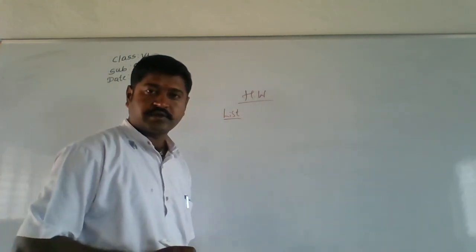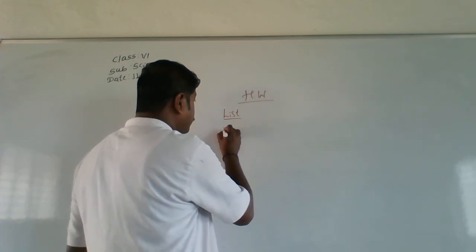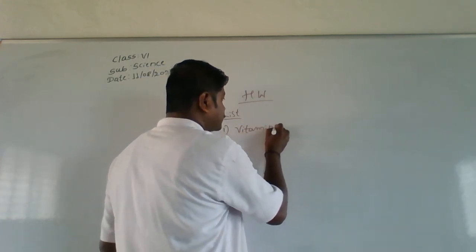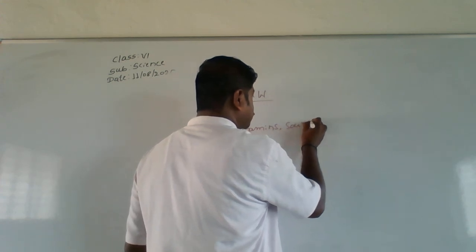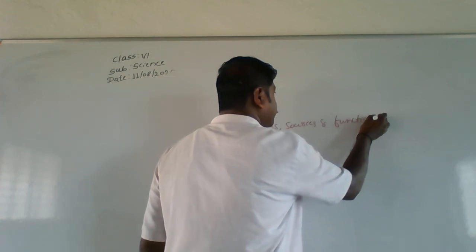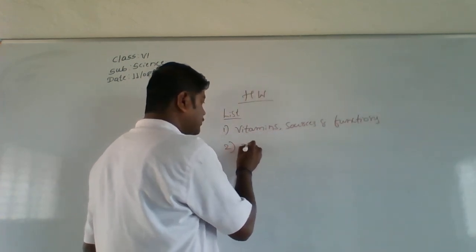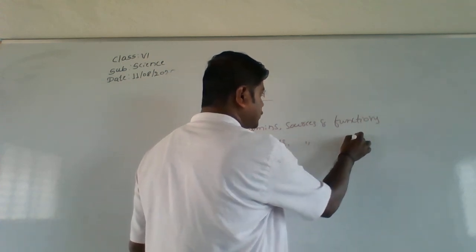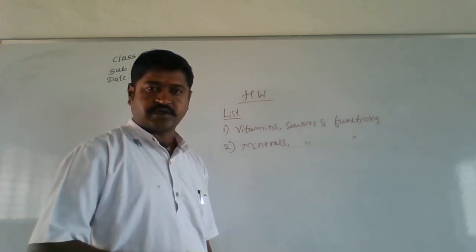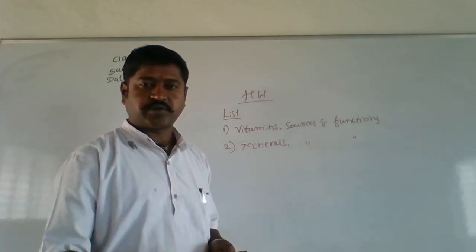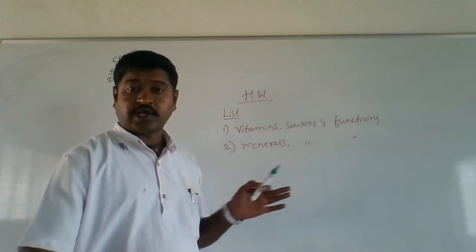List of what? Vitamins, its sources and functions. And the second list is about minerals, its sources and its functions. So this will be the homework for today. Is this clear? Keep reading the textbook and do the given homework.